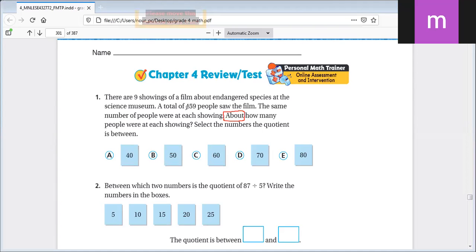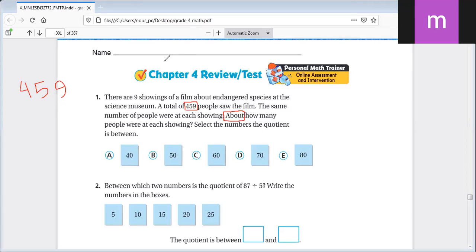Can we round it to the nearest 10 or 100? Round it to the nearest 10 first.